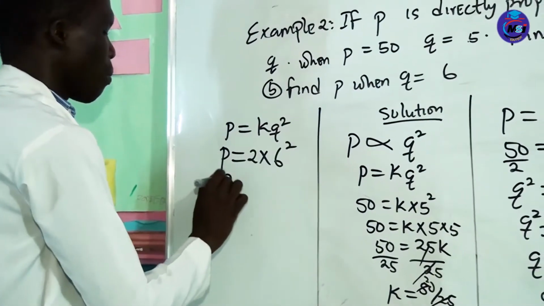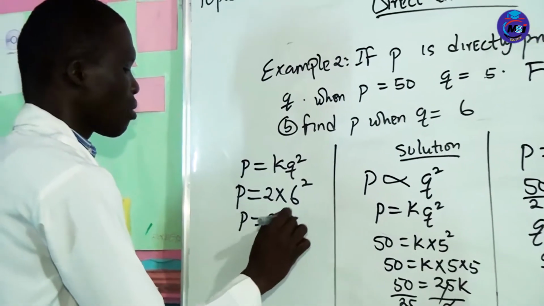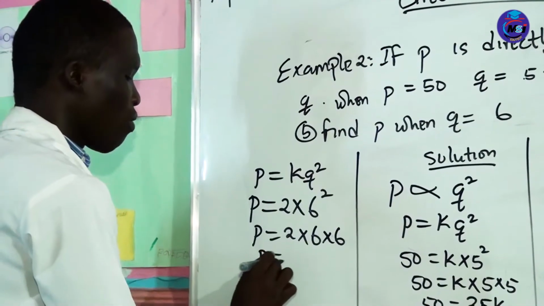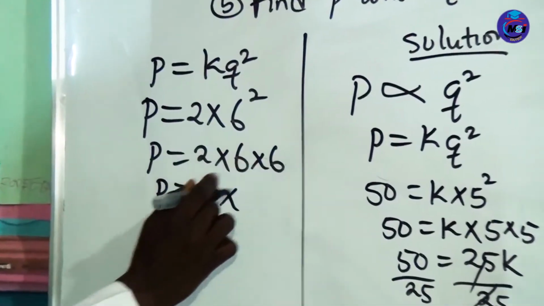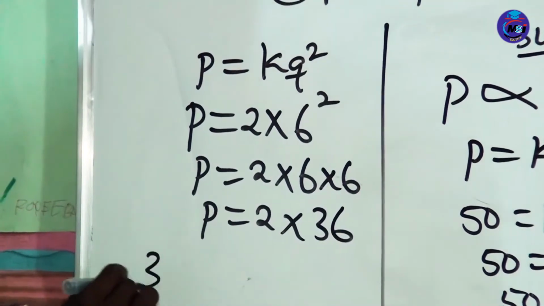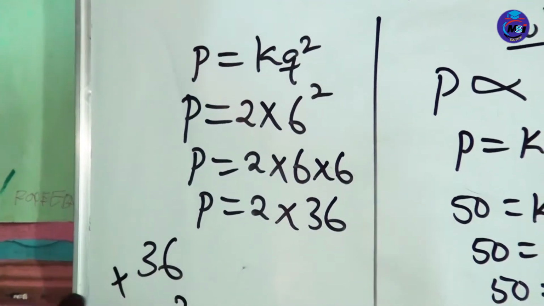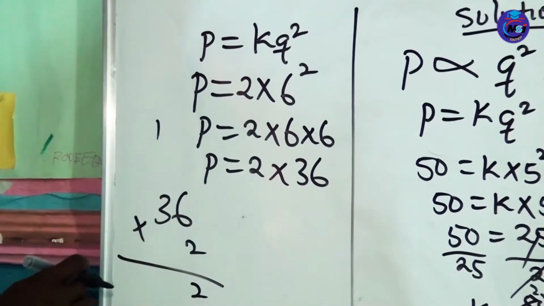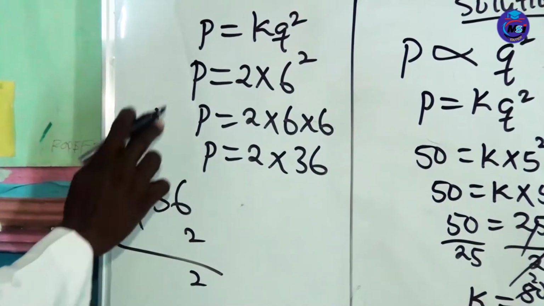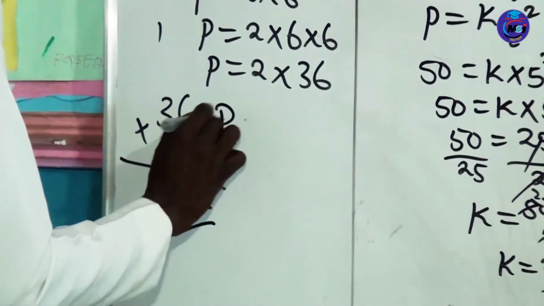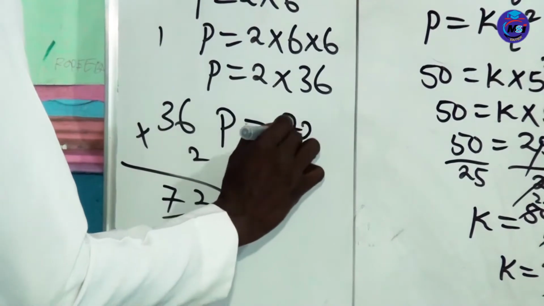P will give us 2 times 6 squared, which means 6 times 6. 6 times 6 will give us 36. So let's multiply 36 by 2. 2 times 6, 12. 2, remainder 1. 2 times 3, 6, plus 1, 7. So we have P will give us 72.